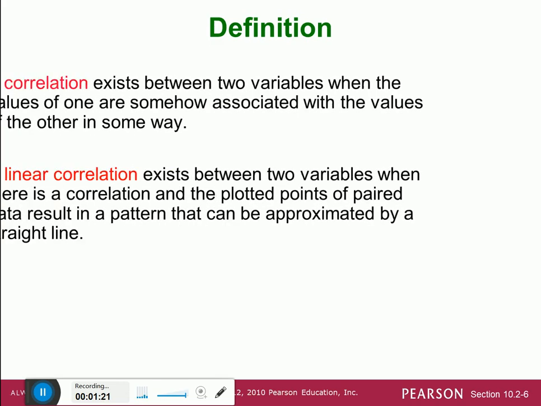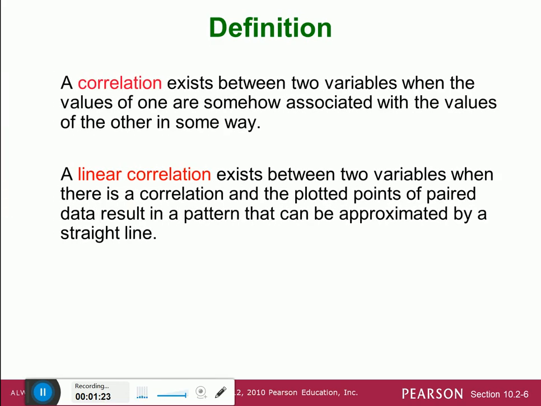The definition: a correlation exists between two variables or two things when the values of one are somehow related or associated with the values of the other in some ways.